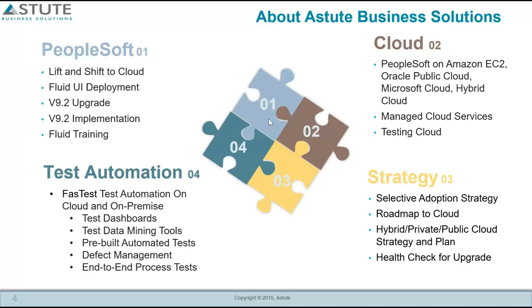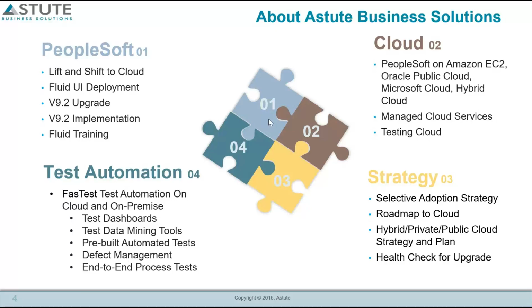We would strongly recommend that you take a look at this, especially if you're on 9.2 and you want to keep up with all of the PUM images that Oracle is delivering. Roughly every 8 weeks or so, there's a new PUM image. ETF and FastTest are going to be essential to the testing process and the lifecycle process.